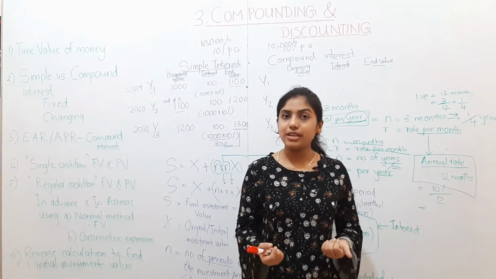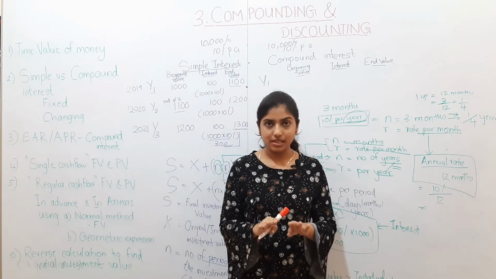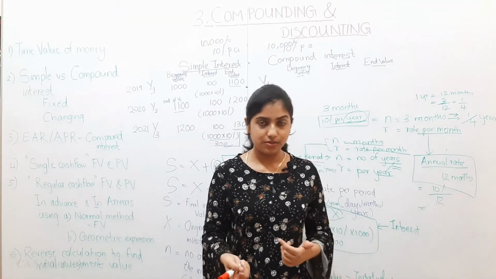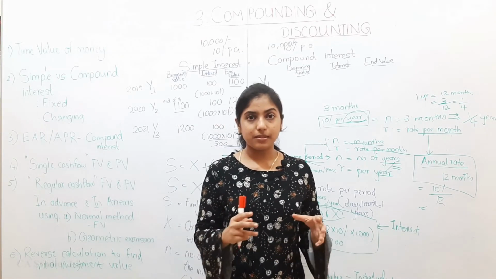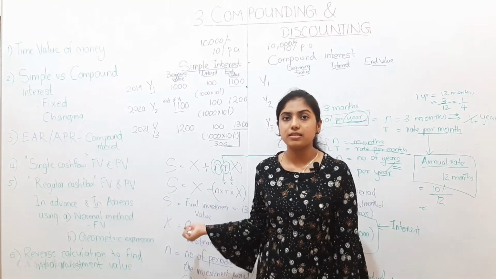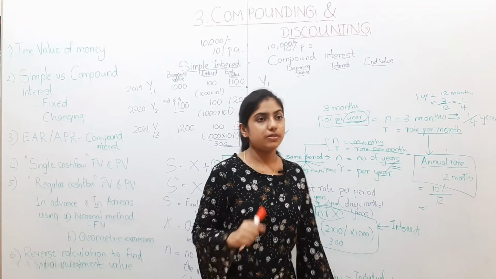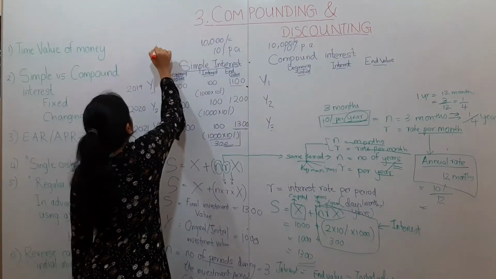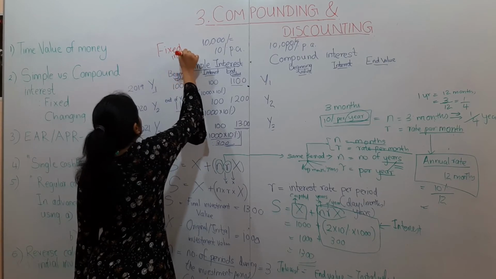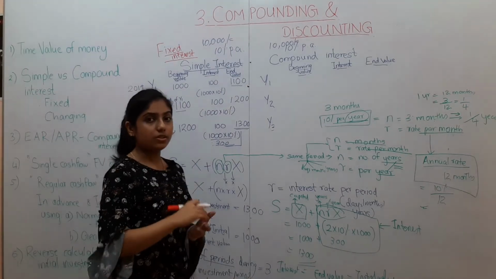Okay, the interest rate must be fixed. Remember this very, very well, because there are two types of formulas which we will learn next. Just remember that this formula is applicable only when interest rates are fixed. So I'll write: fixed interest throughout the investment period.